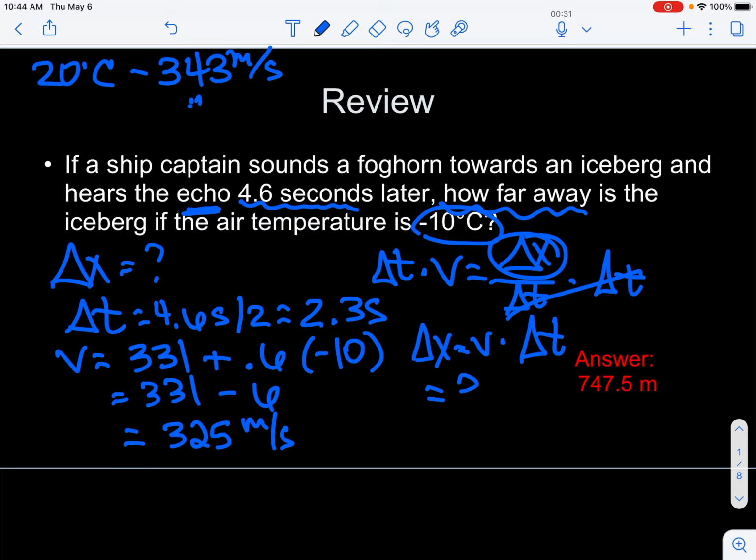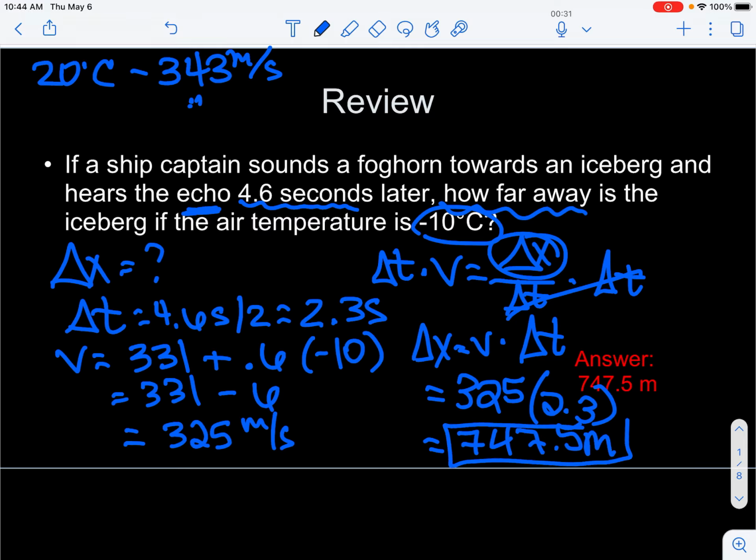So we've got 325 times 2.3, which does give us 747.5 meters. So that iceberg is 747.5 meters away.